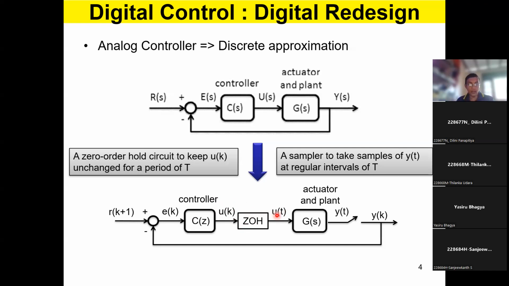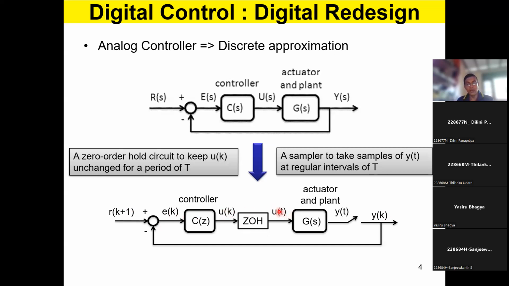So after capital T time, the controller will create the error, because it is the difference between r(k+1) now, and this is y(k+1), right? After the sampling interval, it will have e(k+1), a new error. Therefore, the control signal is also different, u(k+1), right?